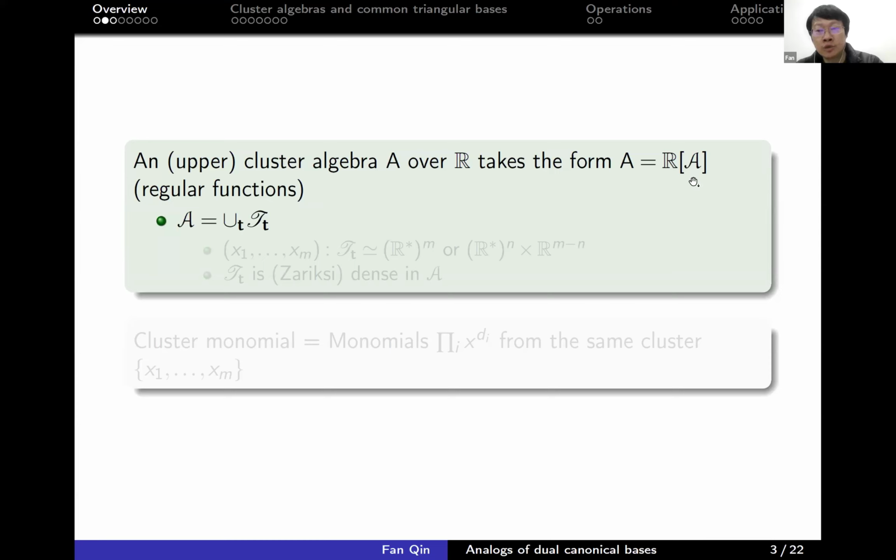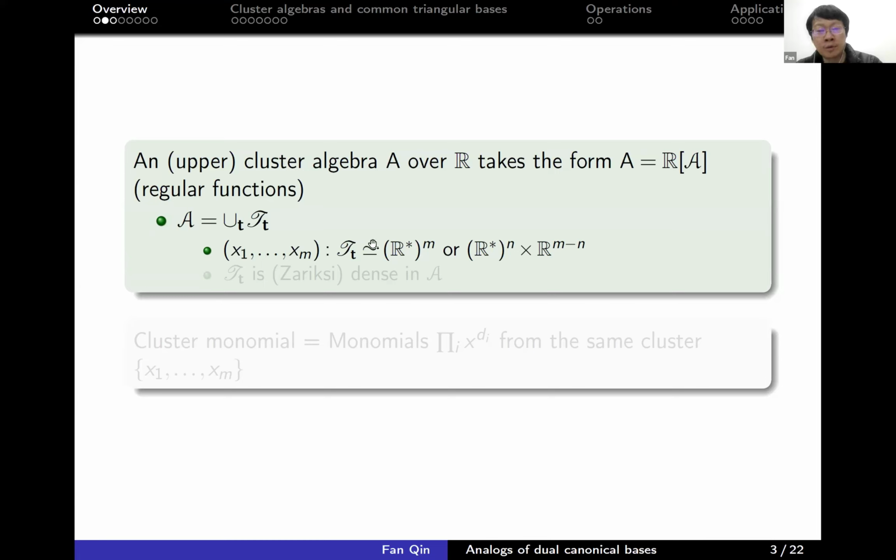So this geometric object, this curly A, is again a union of many pieces T. And each neighborhood, each piece T, in our cluster algebra theory is simply a torus. This is a dimension m split torus. Or it might be a partial compactification, namely you replace R star, the non-zero real numbers, by adding zero, so you partially compactify this torus.